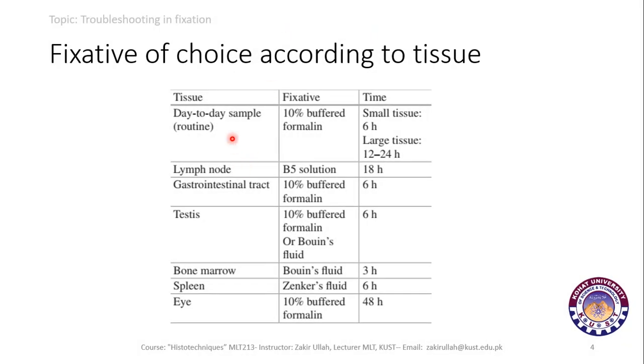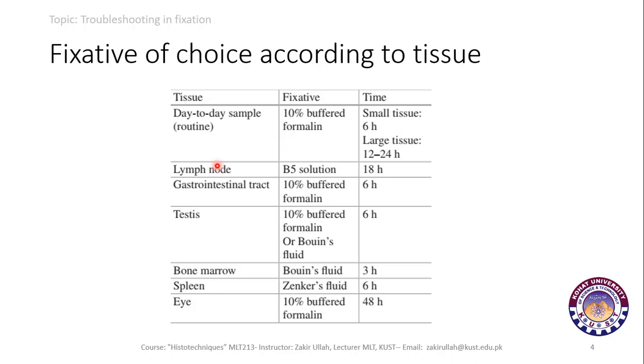For day to day routine samples and routine histopathology, we use 10% buffered formalin, and this can fix smaller tissue within up to 6 hours, and if larger tissues are placed in this fixative, it can take from 12 to 24 hours.